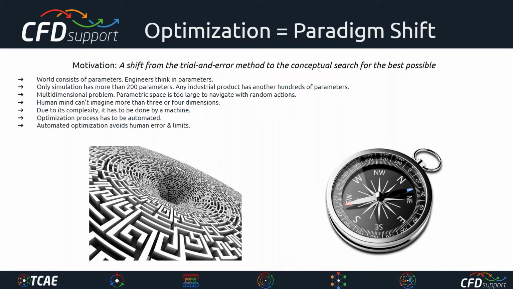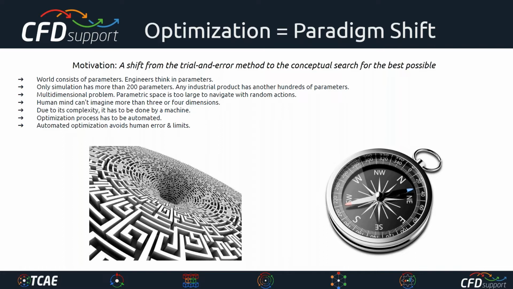I don't say it's now so much better, but it's going to be definitely much better because we believe the parametric optimization helps a lot. Why? Because we believe that the world consists of parameters, right? At least the engineering world definitely consists of parameters, and engineers think in parameters. As you know, any simulation has more than 200 parameters for sure.